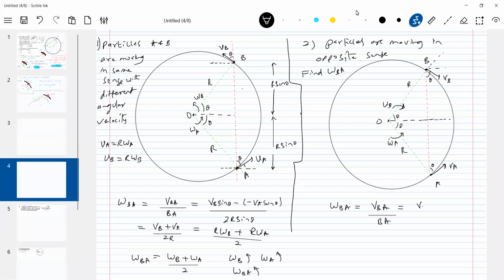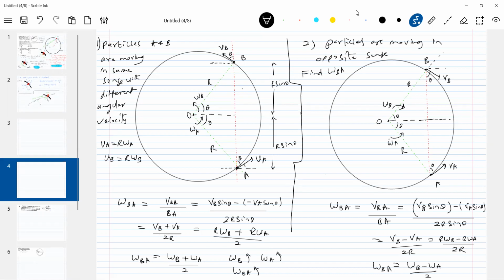So VB sin theta minus VA sin theta, divided by 2R sin theta. So this will be VB minus VA by 2R. What is VB equal to? R omega B. Okay, like this, now we are getting it.